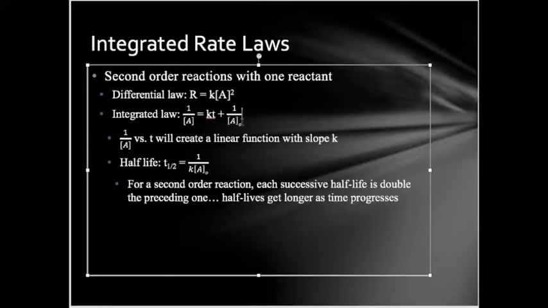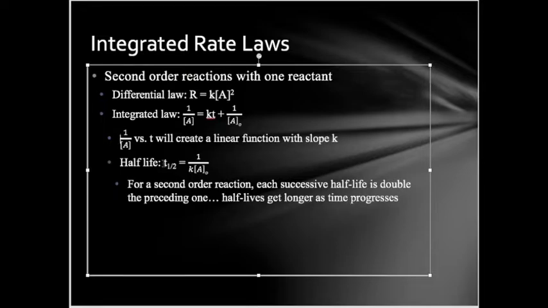For first order, it was the natural log of the concentration versus time that created a straight line. For second order, it is 1 over the concentration versus time that will create a straight line, whose slope is not negative k, but k. All right, let's talk about half-lives. You need to understand that the half-life for second order reactions is going to get longer as time goes on.